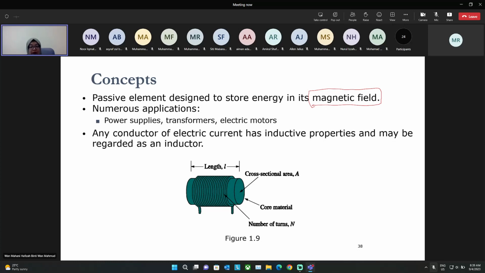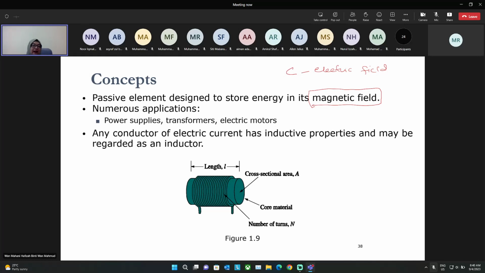Both are energy storage elements, but the difference is that in capacitor, dia simpan energy dalam electric field. Okay, bila ada plate tu kan. Kalau inductor, dia simpan energy dalam magnetic field. Okay, that's the difference between C and L lah. Contoh in case ada theoretical question dalam test nanti kan.